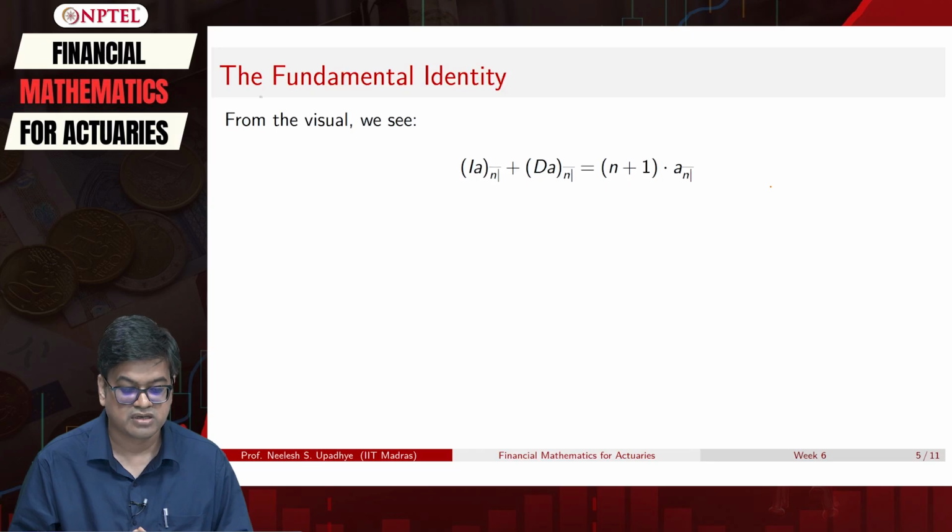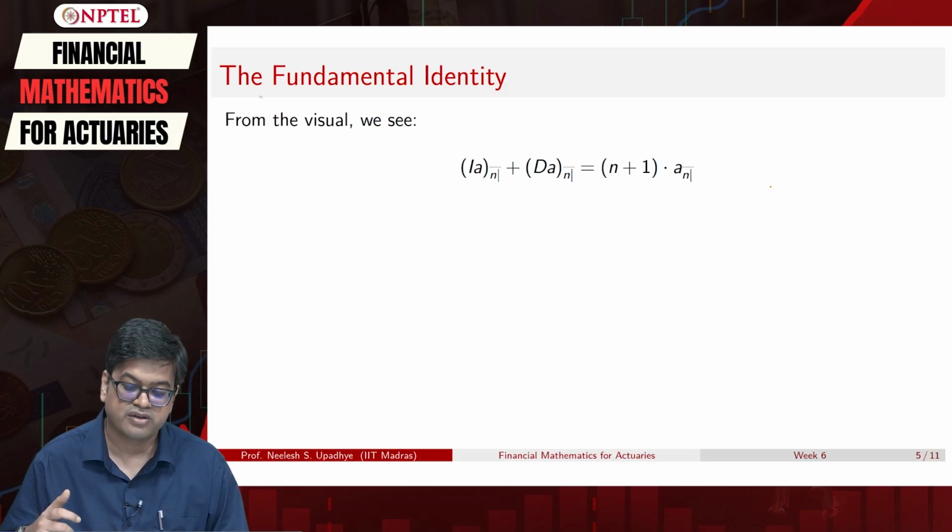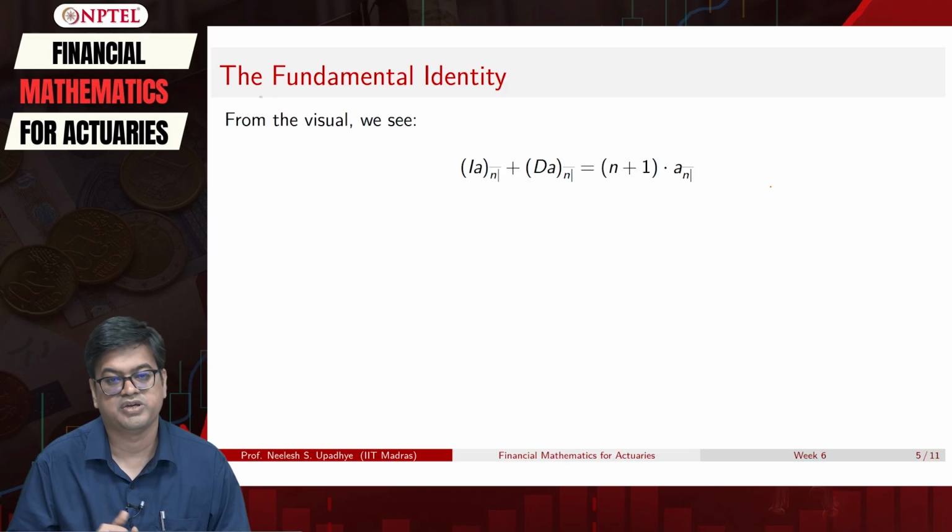This visual display tells you that increasing annuities plus decreasing annuities for the nth period is equal to n plus 1 multiplied by the annuity at the nth period. This is the very clear understanding.